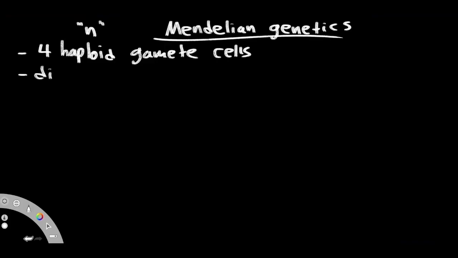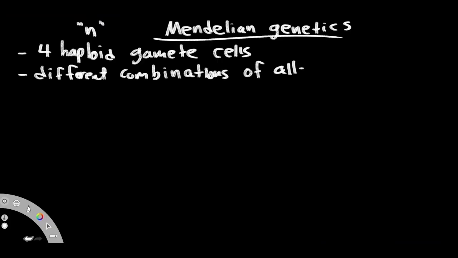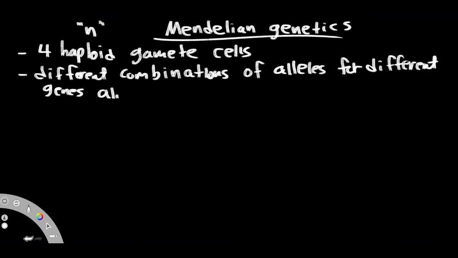And there are different combinations of the alleles for the different genes along the chromosomes.